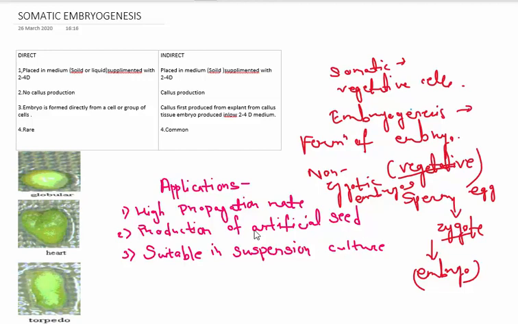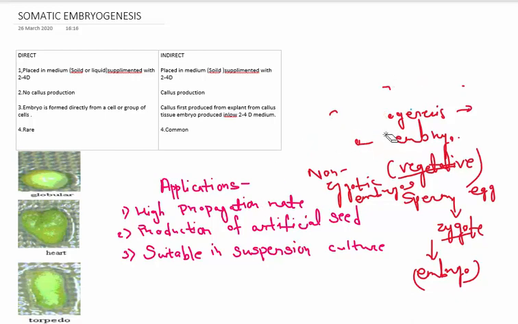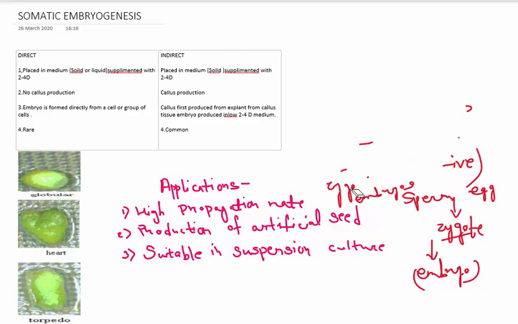Right? And these somatic embryos are bipolar in nature. What does it mean? It consists of both the plumule and the radicle. The plumule is the part which develops into the shoot and the radicle is the part which develops into the root. Correct?